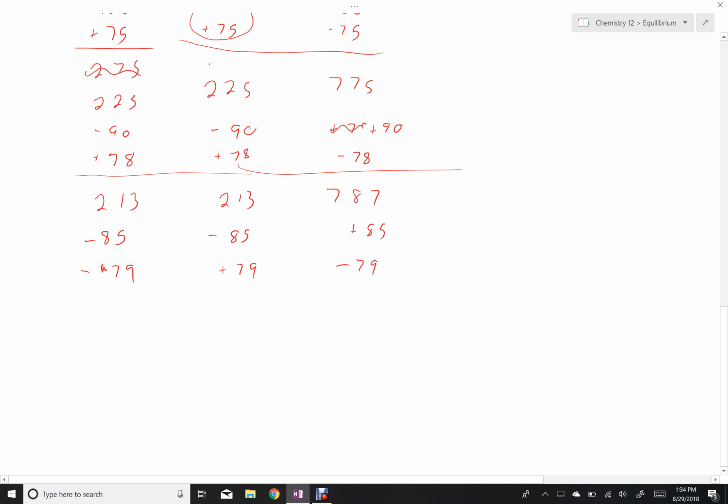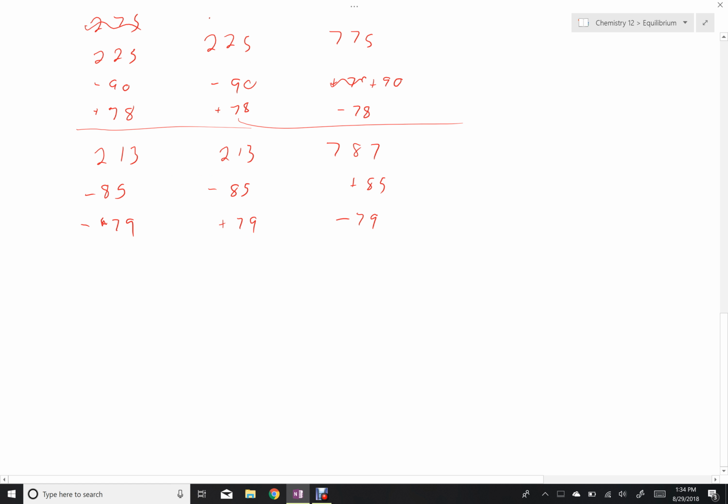We might be seeing slight changes in our system still at this point. Here we're going to be down 6 to 207, 207, and up 6 to 793. So now we're at 83 here, 83.